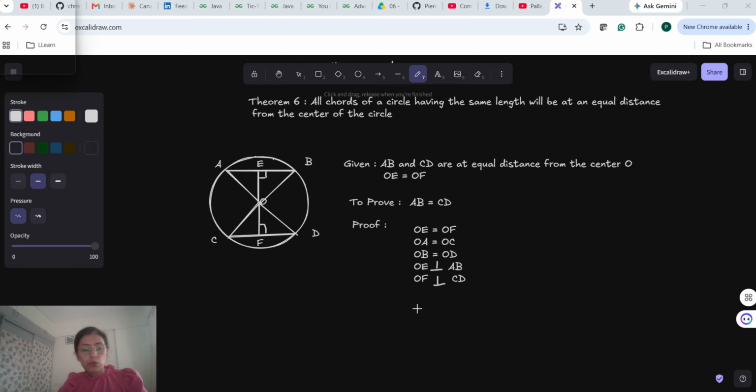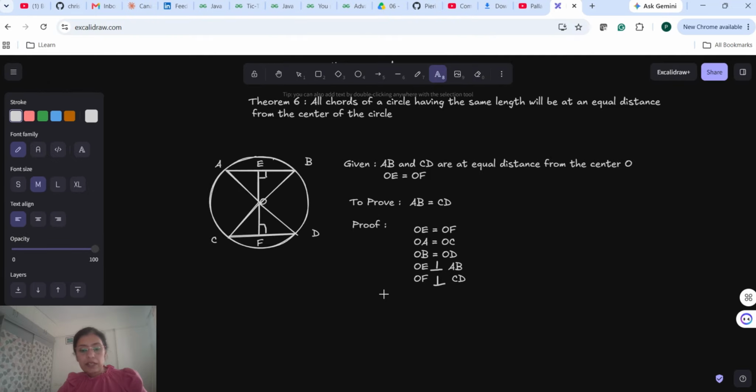What we can prove using this, again, one which I see is right angle hypotenuse side. For that, let's consider these two triangles, AOE and COF.